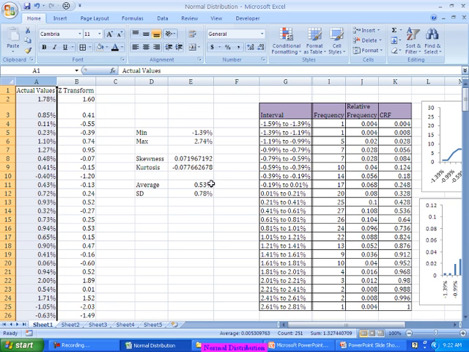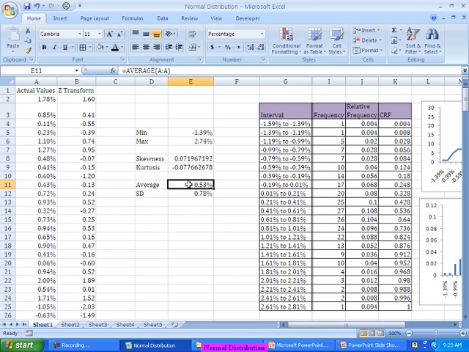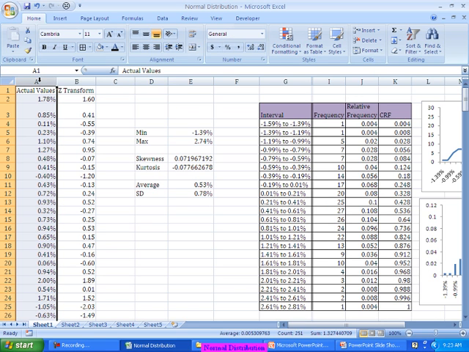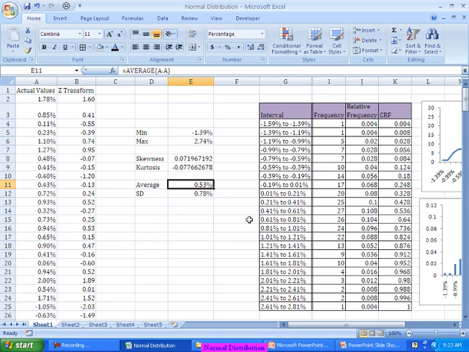So I have looked at some of the important things specific to this data. I tried to find out the average of it. The average is 0.53, which is nothing but the sum of these numbers divided by the total number of numbers. The standard deviation, which you should be quite comfortable with by the time you come to normal distribution, has come out to 0.78.